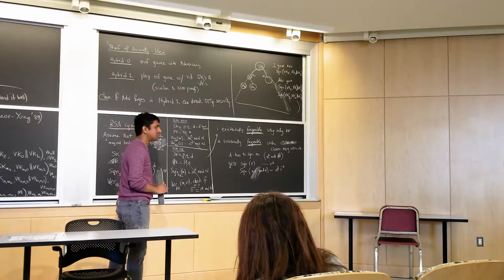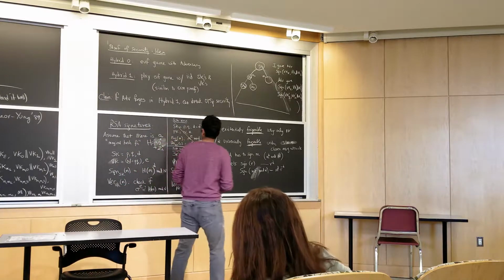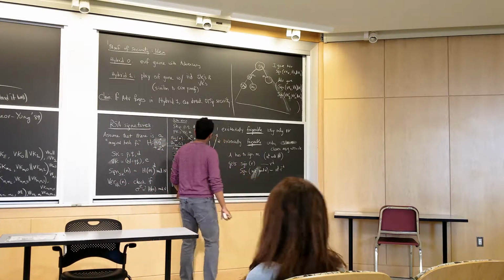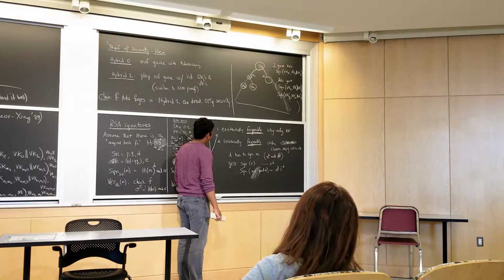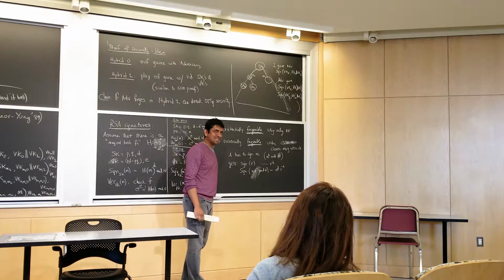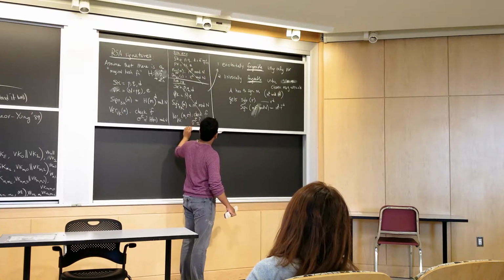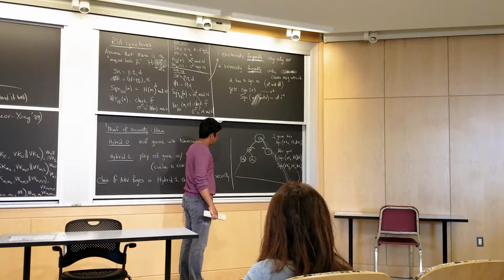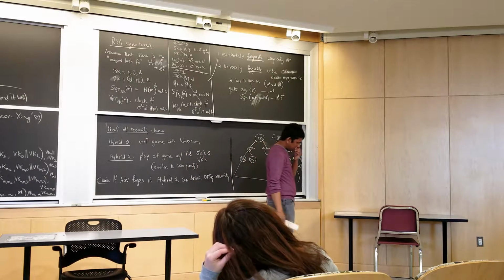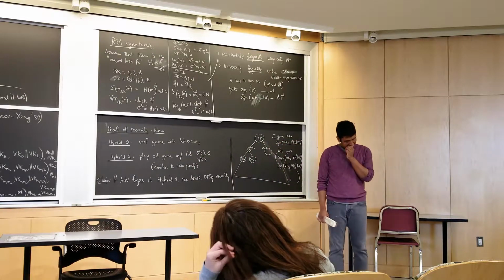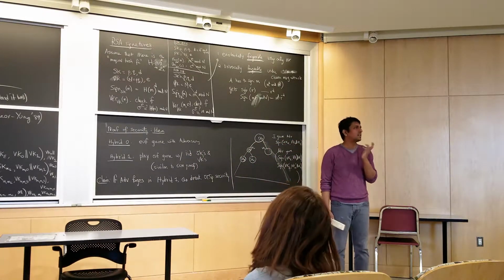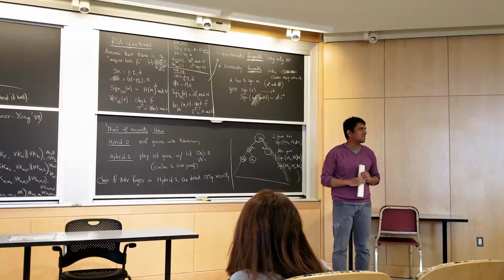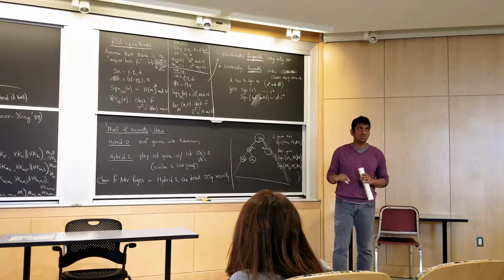We don't know a very good answer to this question. But we know certain things. We know that certain properties of hash functions are not sufficient to make this construction secure.